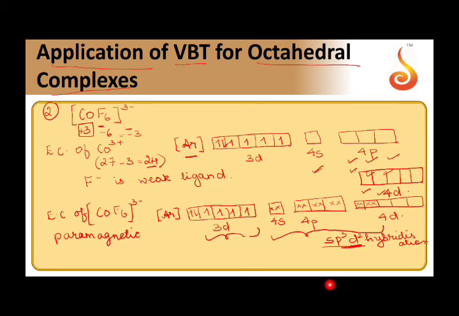The geometry of this complex is also octahedral, because here also we have sp3d2 hybridization, that is 1, 2, 3, 4, 5, 6 hybrid orbitals, 6 coordination number, and therefore the geometry here is octahedral. The magnetic property is paramagnetic. The hybridization is sp3d2 hybridization.